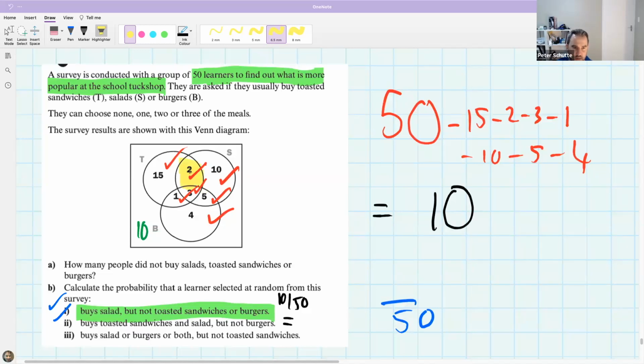So buys toasted sandwiches and salad, but you're not allowed to be the burger thing. If it was just toasted sandwiches and salad, it would be that, but you're not allowed to be in B. So what are we going to get for that?